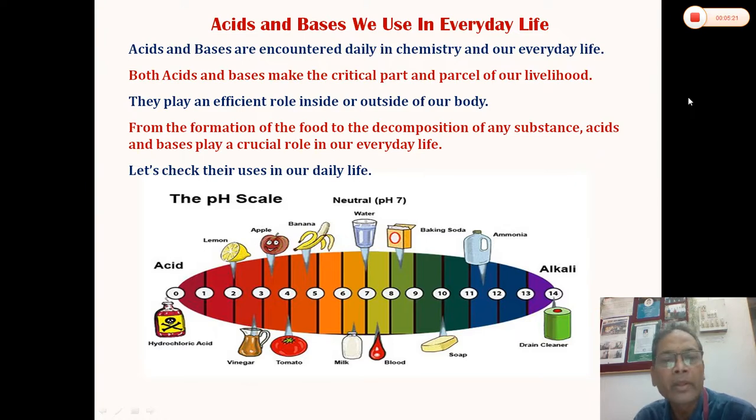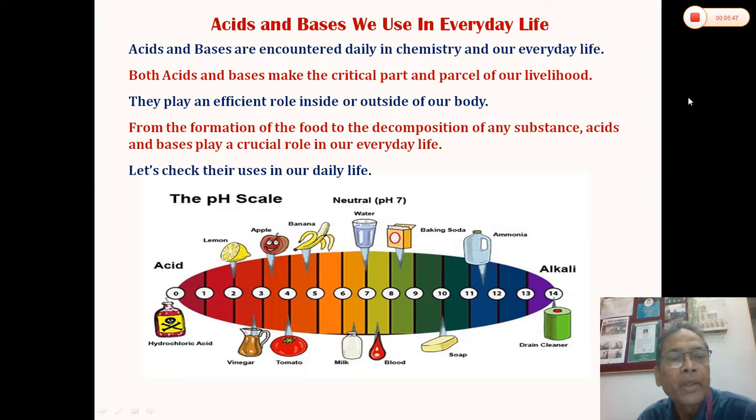Here is a diagram that shows the pH scale. We know that for acids, the pH is lower than 7. For bases, the pH is higher than 7. So here the figure shows acidic fruits and other ingredients that are acidic in nature.